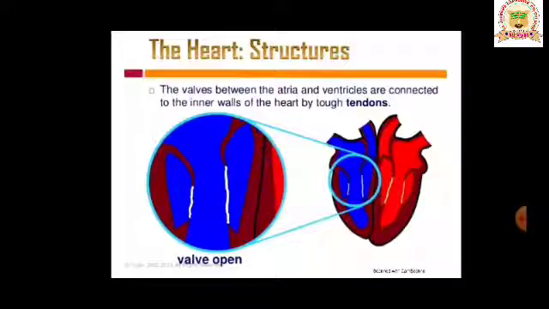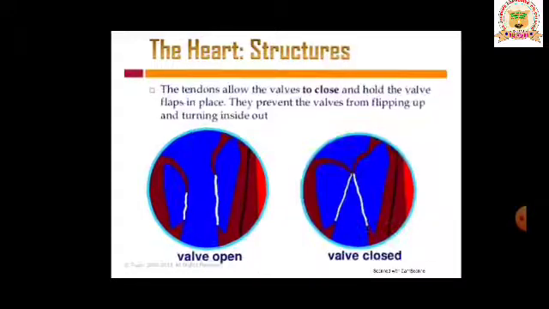As I said, there are valves present between the atria and ventricles. The atria and ventricles are connected with thin valves by tough tendons. Now the tendons allow the valve to close and hold the valve flap in place. They prevent the valves from flipping up and turning inside out. This is the work of the tendons.